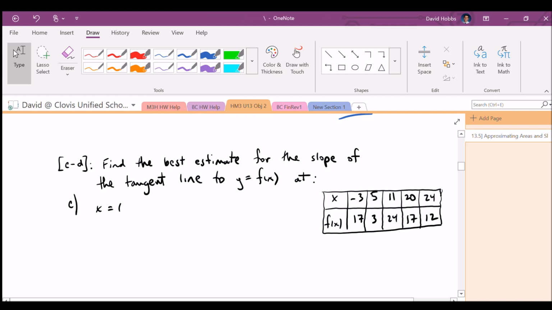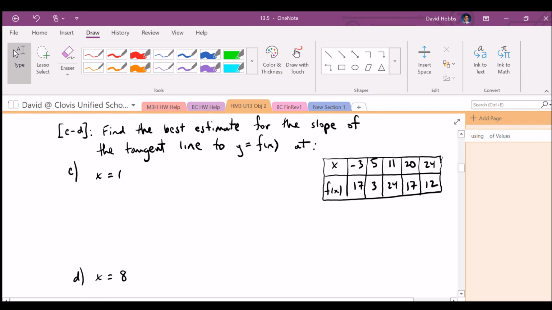Okay, now, let me just give you a little bit of background to this. If I want to find the slope at x equals 1, and let's say that x equals 1 is about right here, then we visualize the curve, and here's the slope of the tangent line.